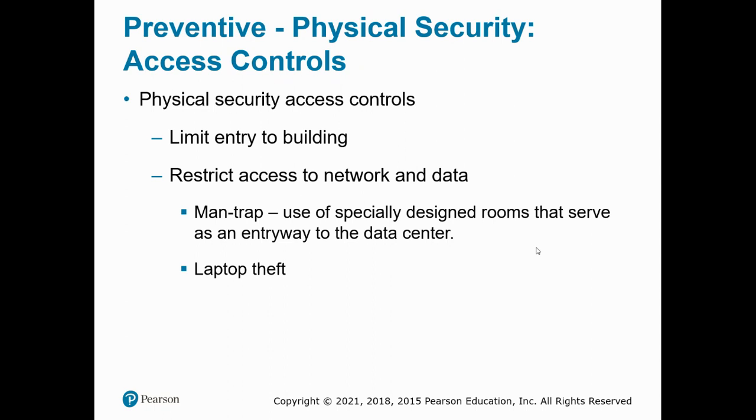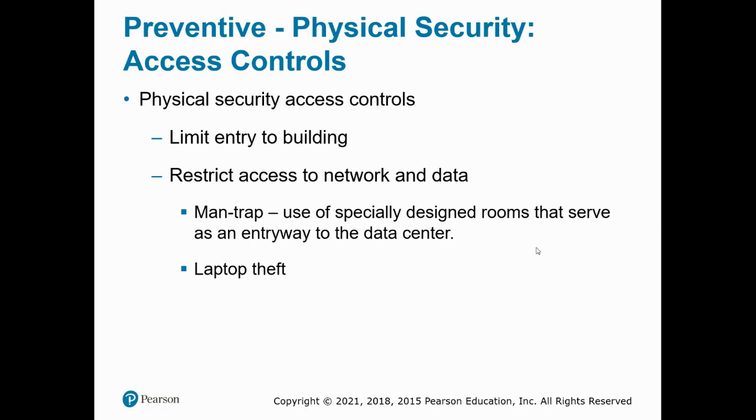When it comes to a man-trap, a man-trap is a use of specially designed rooms that serve as an entryway to the data center. Typically it contains two doors. Each uses multiple authentication methods to control access. And you've probably seen those man-traps in spy movies.